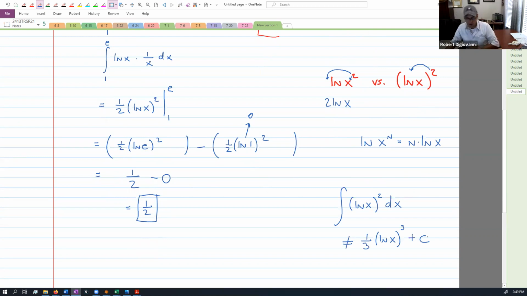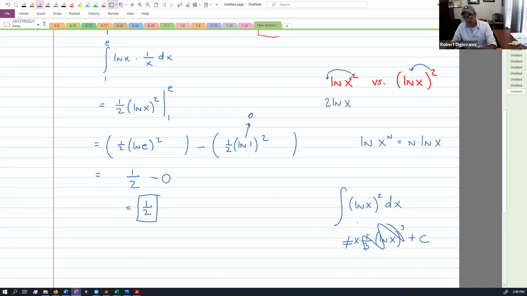That would not be right. Because if you took the derivative of this, the 3 would come out and cancel, and you'd have natural log of x squared. That would be correct. But then with the chain rule, you'd have a 1 over x. And you can't just put an x out in front to take care of that x from the chain rule, because now when you take the derivative, you have a product rule. So it becomes completely different.